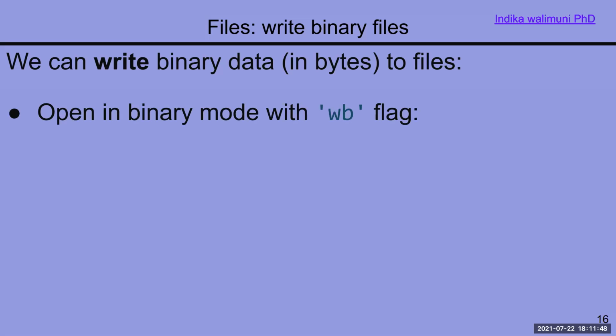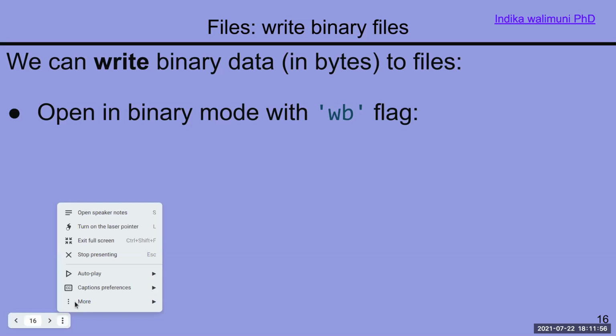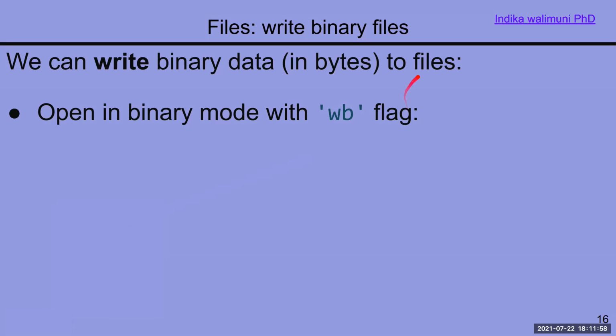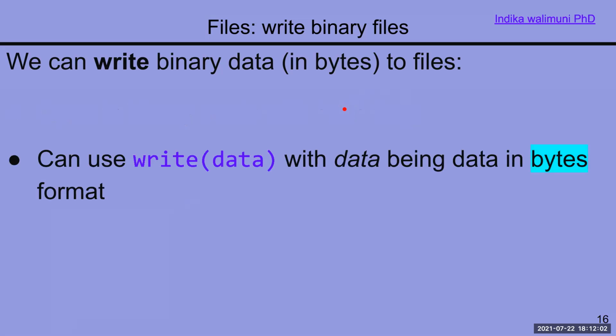We have to open the file with the WB flag, writing in binary mode. Then we use the write method and pass our data into it. Data has to be in bytes format.